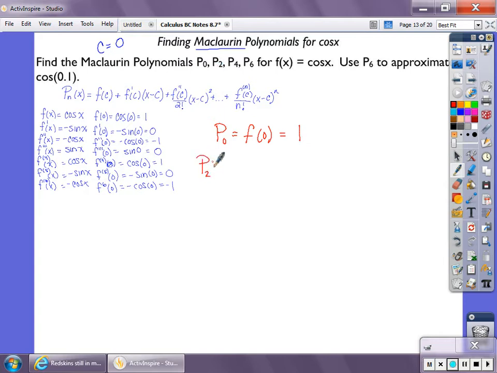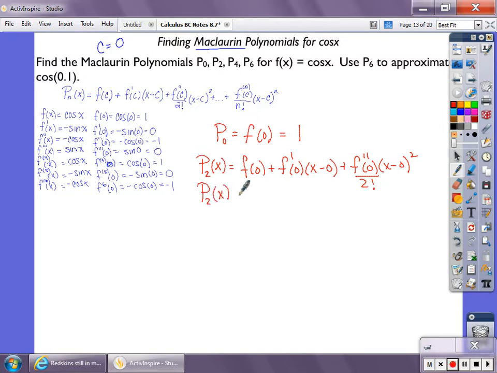P sub 2 of x is going to be f of 0 plus f prime of 0 times x minus 0 to the first power plus f double prime of 0 times x minus 0 to the second power, and this is going to be over 2 factorial. And I know to stop there because it's the second degree Maclaurin polynomial that we're finding, and that's going to give me an x squared.